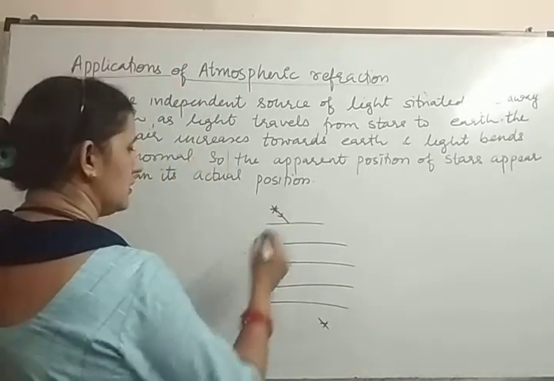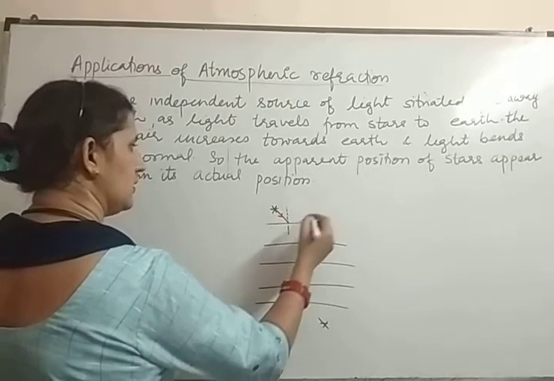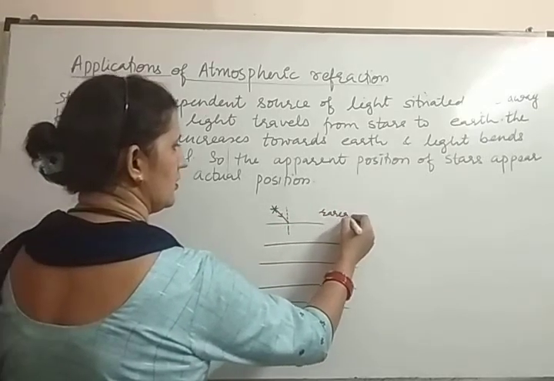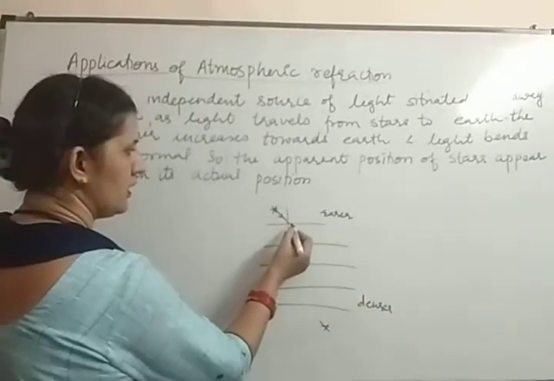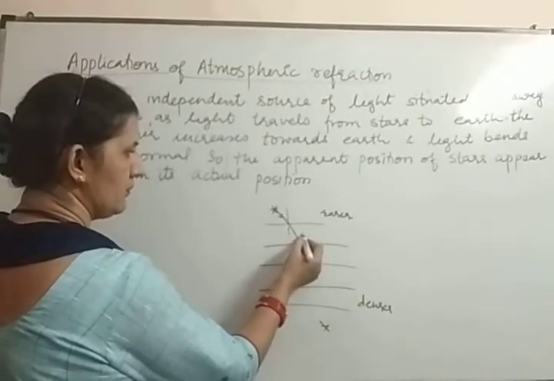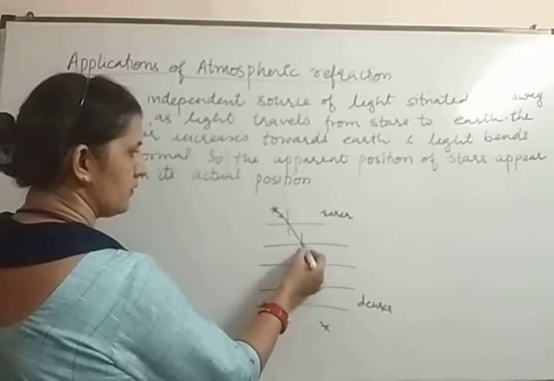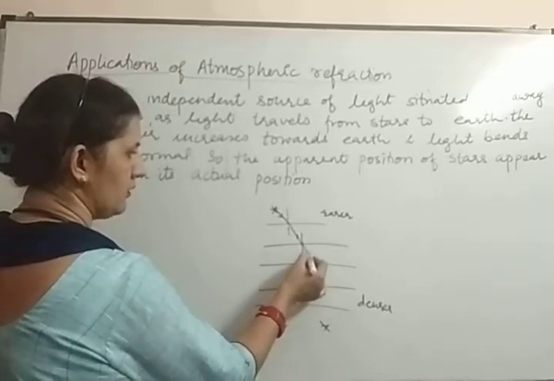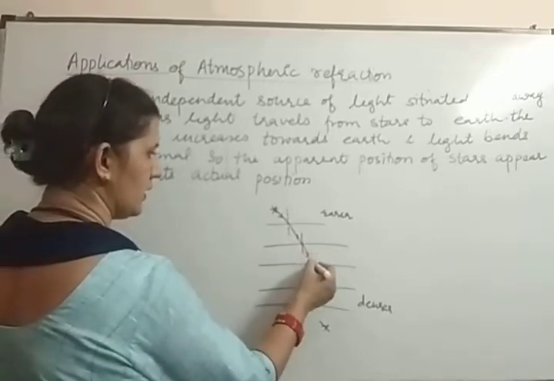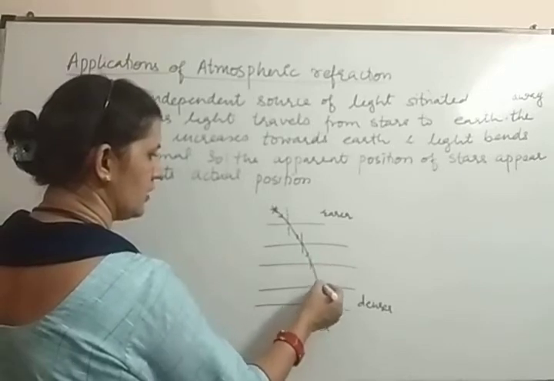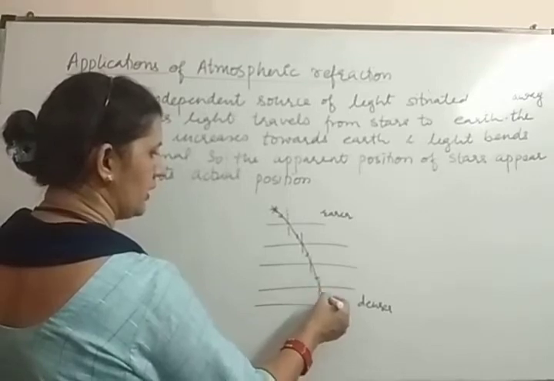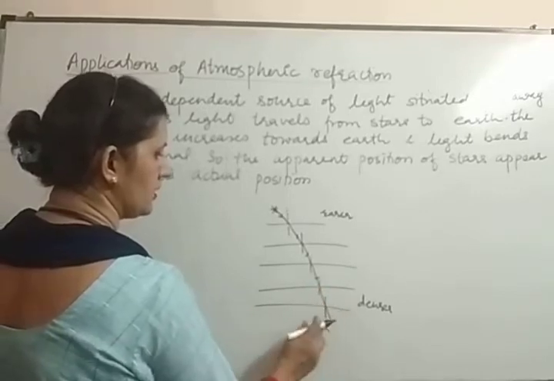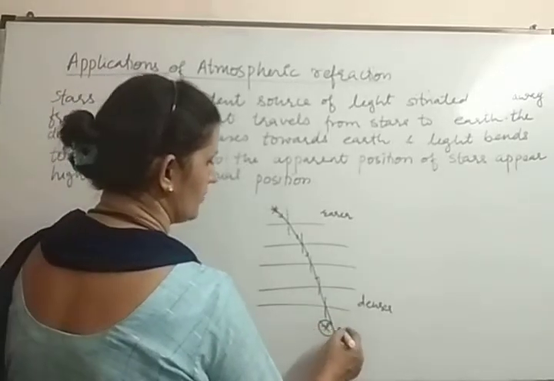What is happening there? From the rarer part to the denser part, the ray will bend towards the normal. Then in the next layer it will suffer refraction, again it will bend towards the normal, then again it suffers refraction and bends towards the normal. This process goes on and ultimately the light falls on the observer.